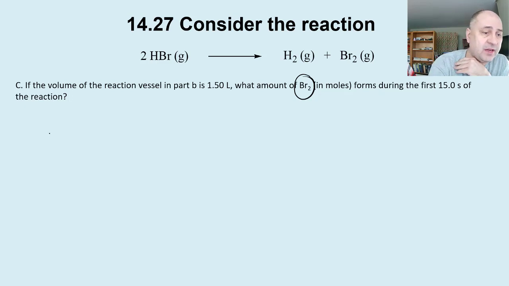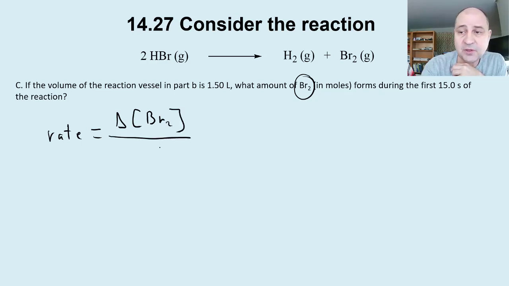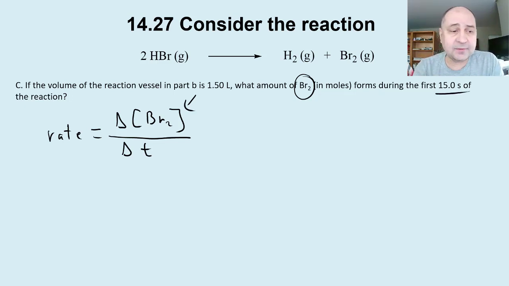So we know what the rate is. First of all, we're dealing with bromine, so let's write the rate expression for that. So it's the change in concentration of bromine divided by the change in time. And so we want to solve for this. We know what the rate is, we know what the change in time is, we're given that, and so we solve for delta Br2.